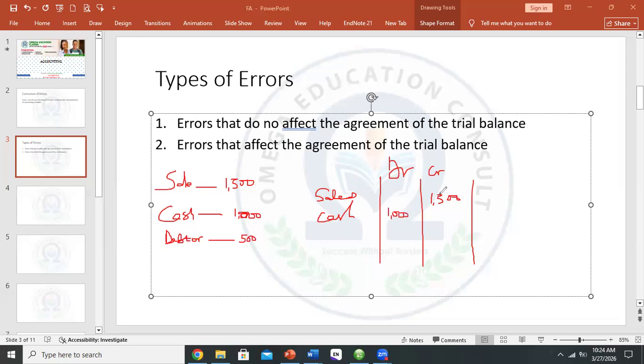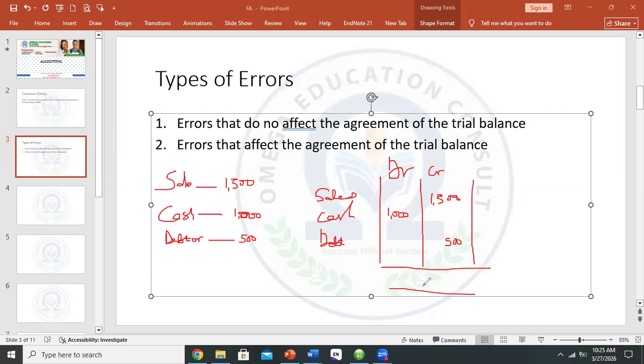But when I was posting the data, look at what I did. The debtor is supposed to be at the debit, but I made a mistake and I put it at the credit. Let's do the totals and see.